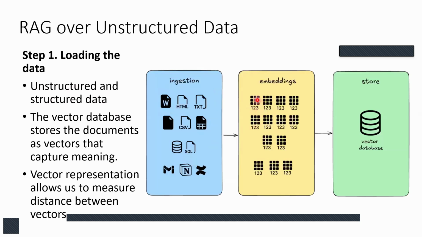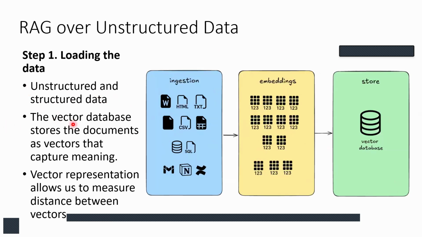We create the embedding out of our data, and finally we store it in our vector database. This is the ingestion process, how to load your data. We'll talk more about it in detail, but at a high level, this is the first point.